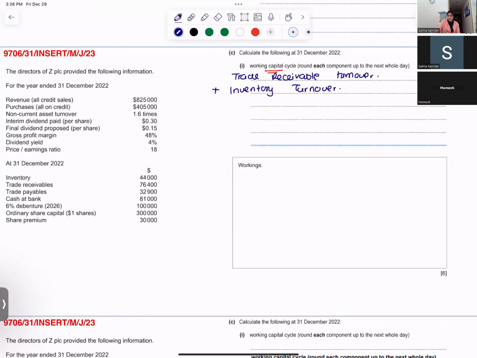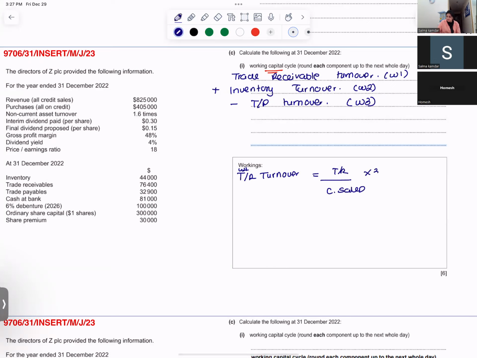I will find this out from working note 1, working note 2, and working note 3. What is the formula for trade receivable turnover? Trade receivables by credit sales into 365.